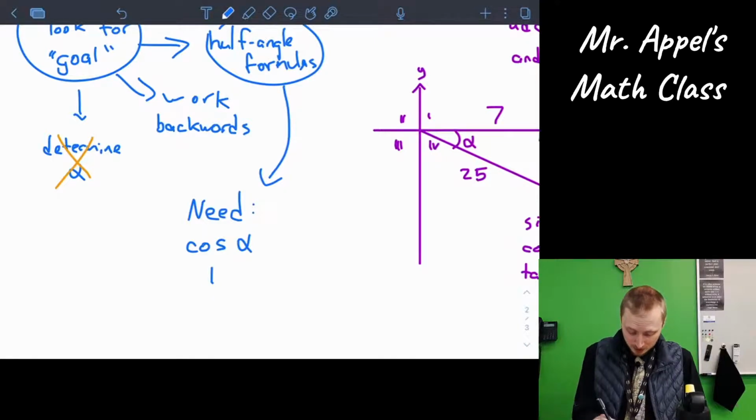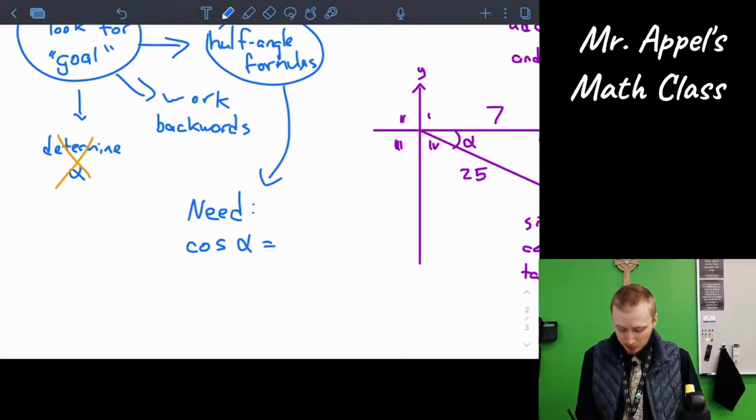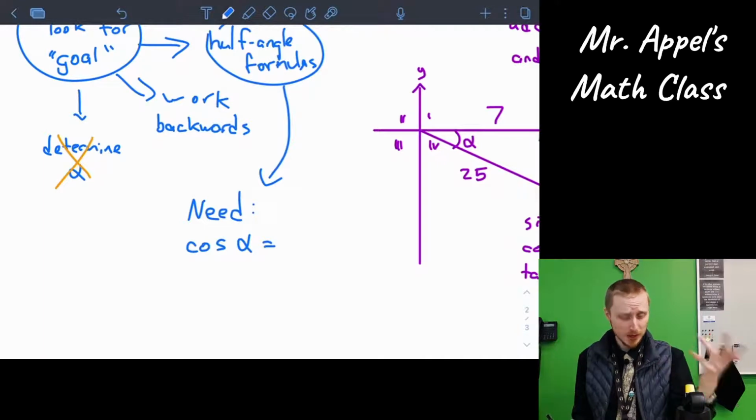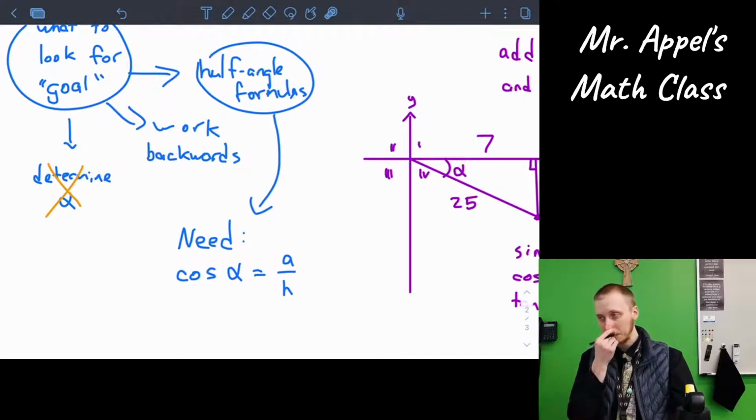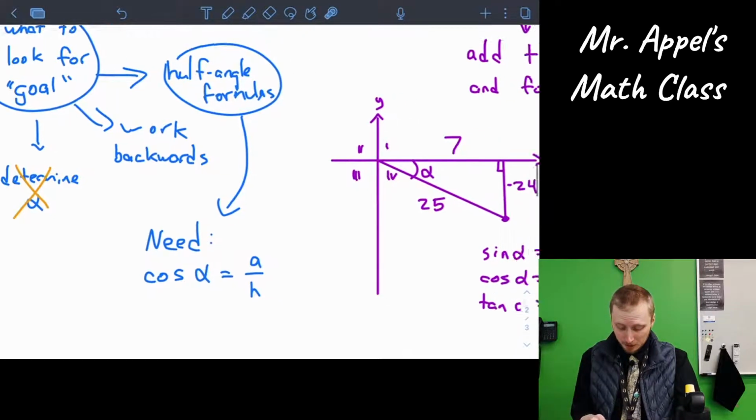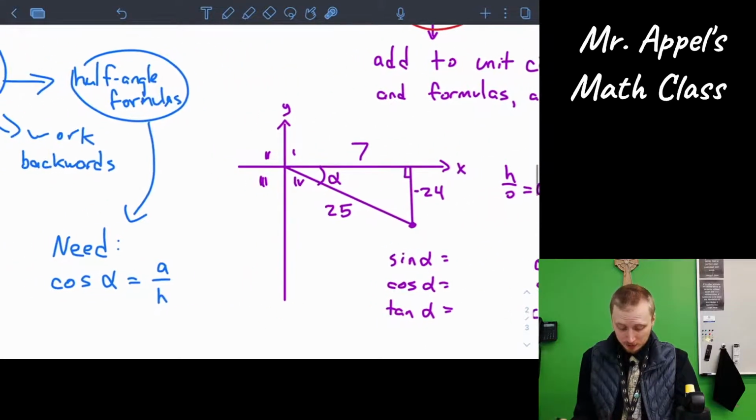Well, what is cosine of alpha equal to? Right triangle trig. Always default to that. So SOH CAH TOA, cosine is adjacent over hypotenuse. I just need the adjacent and the hypotenuse side. Hey, look here.